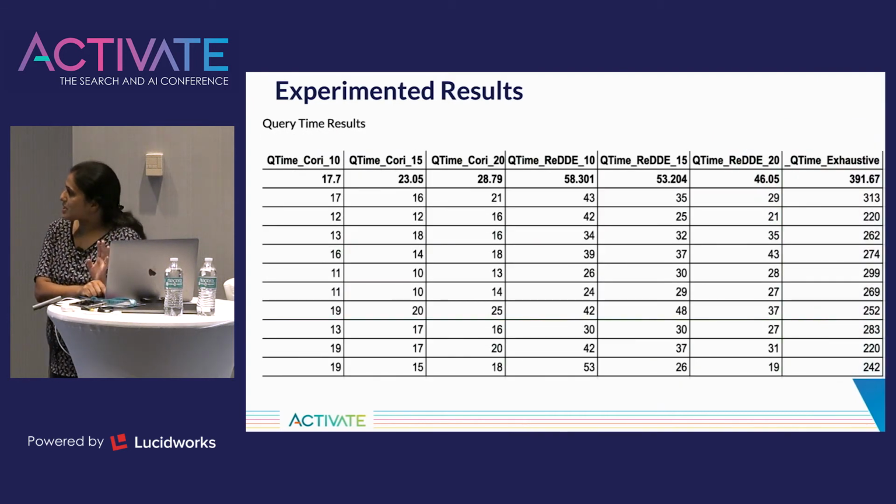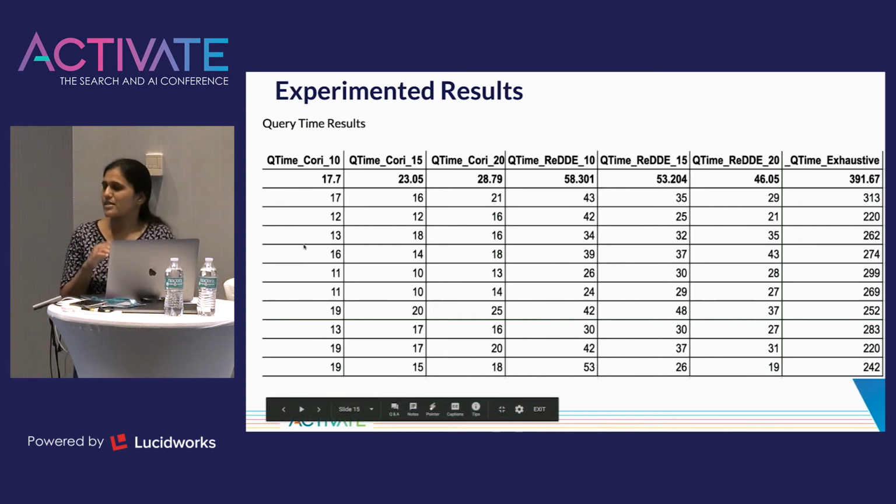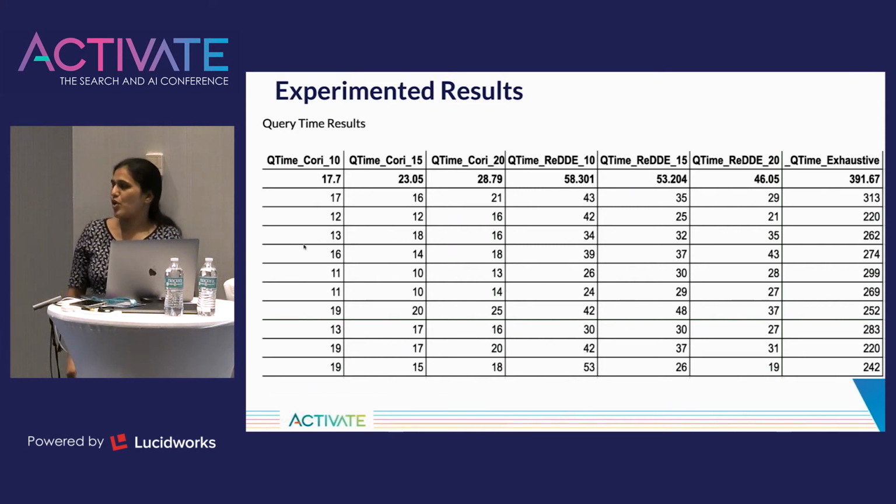So after all that experiment, these are the query time results. Let me just give a brief on this table. What I mean by query time is the query time that Solr returns, and this is just one of the selective search algorithms. These rows are actually the queries obtained from QRELs.